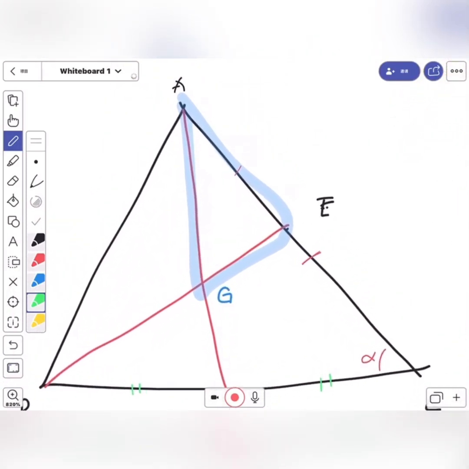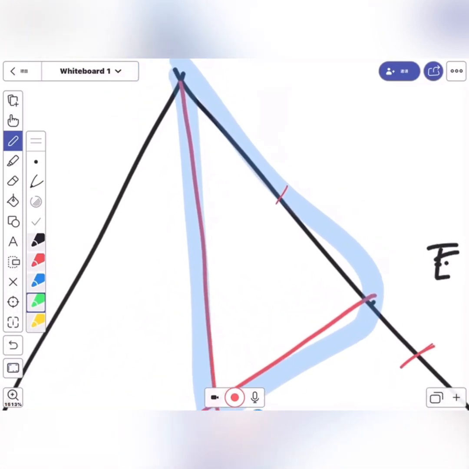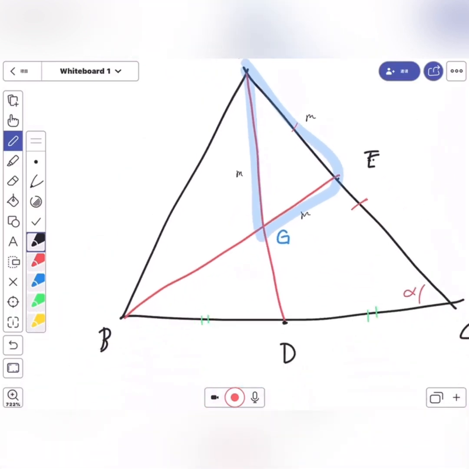We also know that this triangle AGE is equilateral. So let this side just be m. We'll do a little bit of length chasing, m and m.